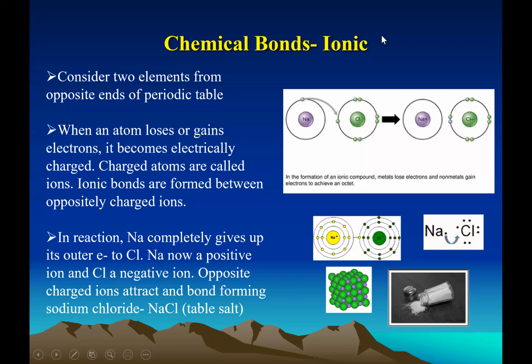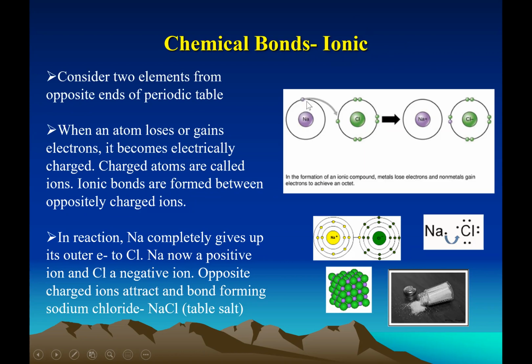An ionic bond is the bond between ions. Ions are atoms that have a charge. This ionic bond will happen between elements on the opposite sides of the periodic table. If you take sodium, in its outer shell it has just 1 electron.